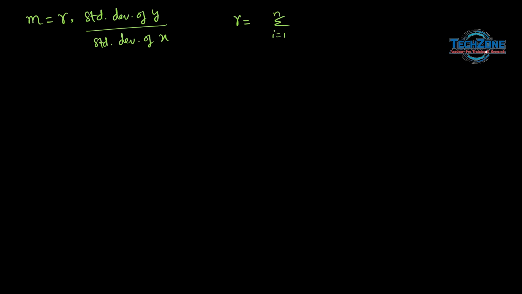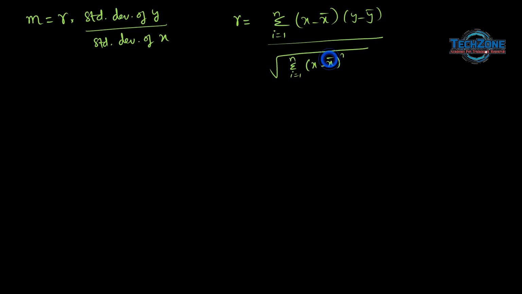It is calculated using this: sigma i equal to 1 to n, if we have n points, of x minus x bar multiplied by y minus y bar, whole divided by the square root of sigma i equal to 1 to n of x minus x bar whole square, multiplied by sigma i equal to 1 to n of y minus y bar whole square.